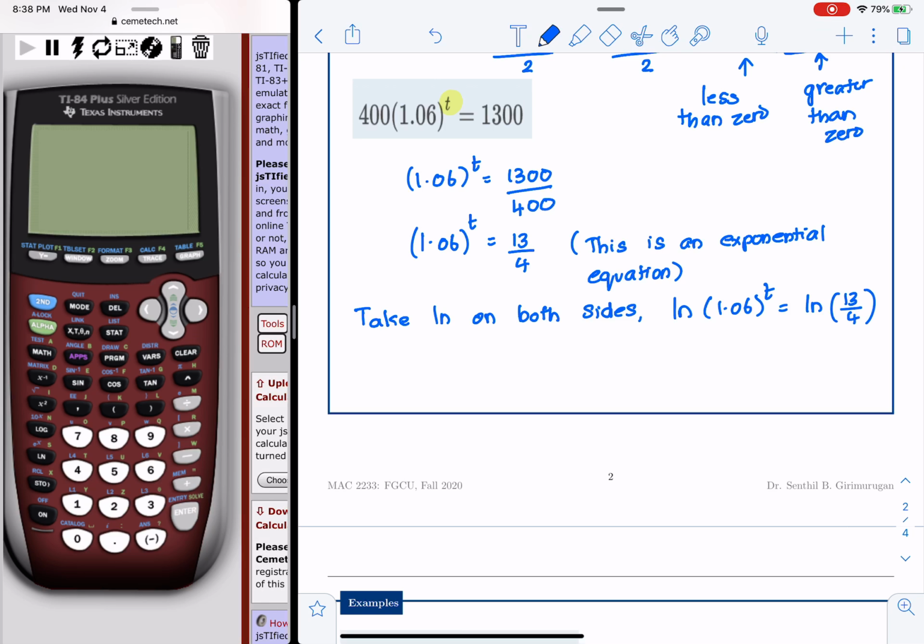If we use the properties of logarithms, we can move the t to the front of the natural logarithm. So t times ln of 1.06 would be equal to ln of 13 over 4, which would simply mean t is equal to ln of 13 over 4 divided by ln of 1.06.